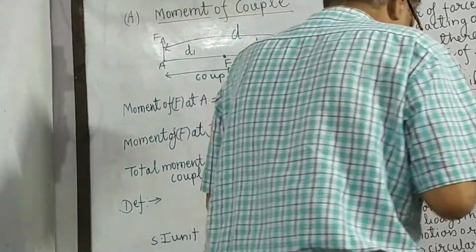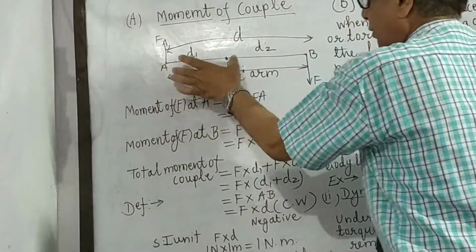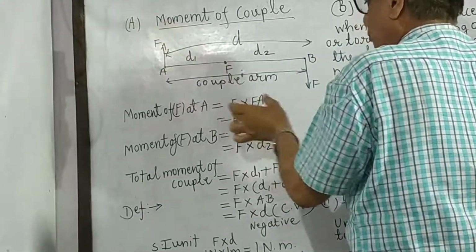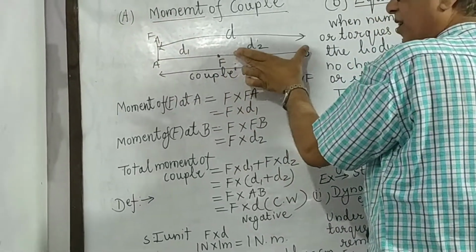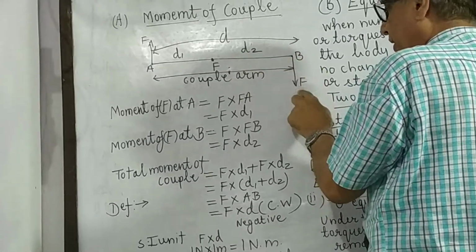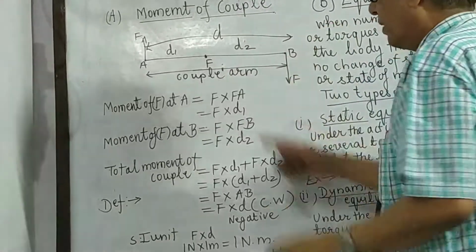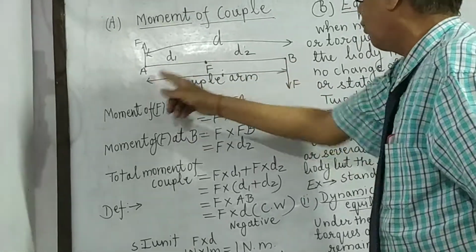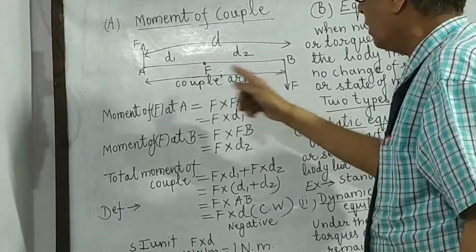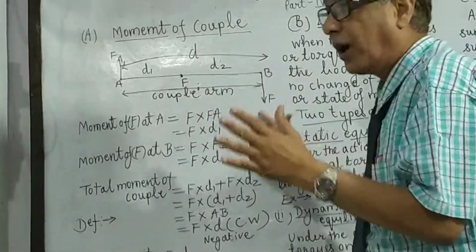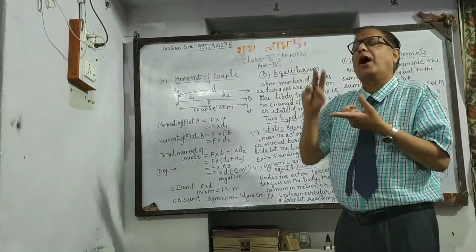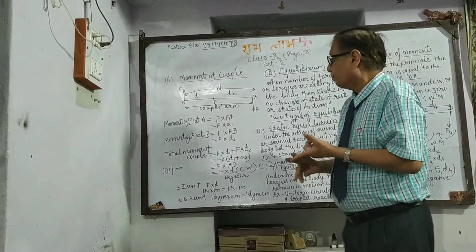AF is the first moment arm of the first force F, and FB is the second moment arm of the second force F. The total perpendicular distance between these two forces is called the couple arm. So what is the couple arm? The couple arm is the sum of the two moment arms.